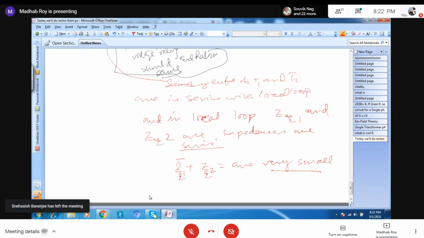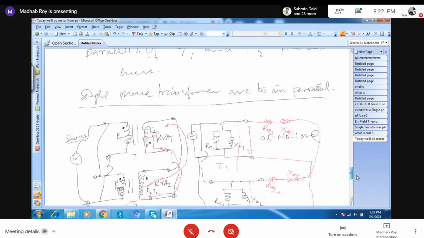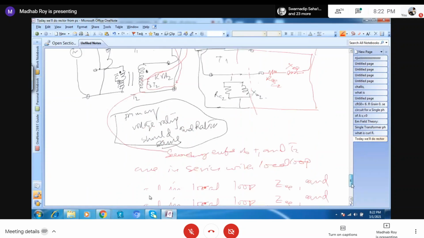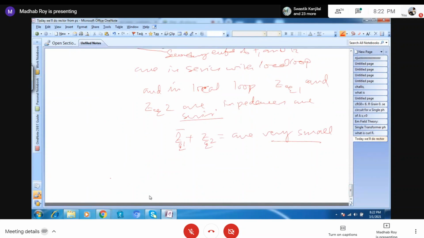So the huge current will flow to the primary because any current into the secondary can act as a short circuit. So as if a short circuit is there in the secondary.